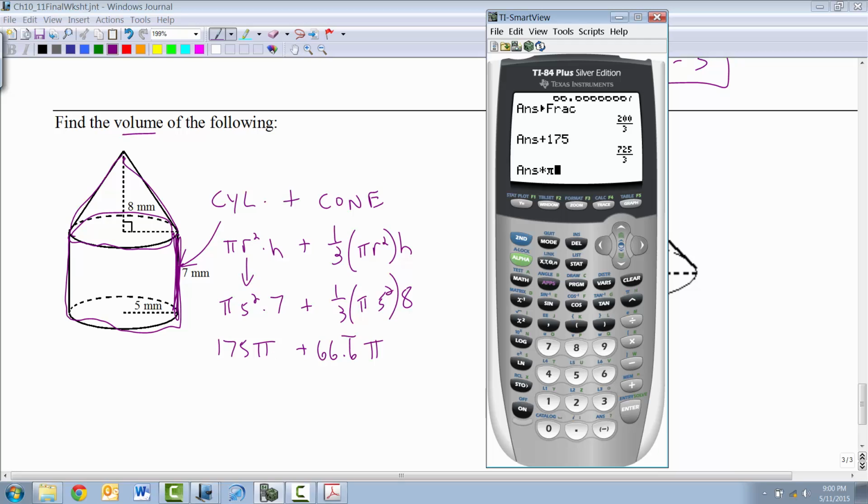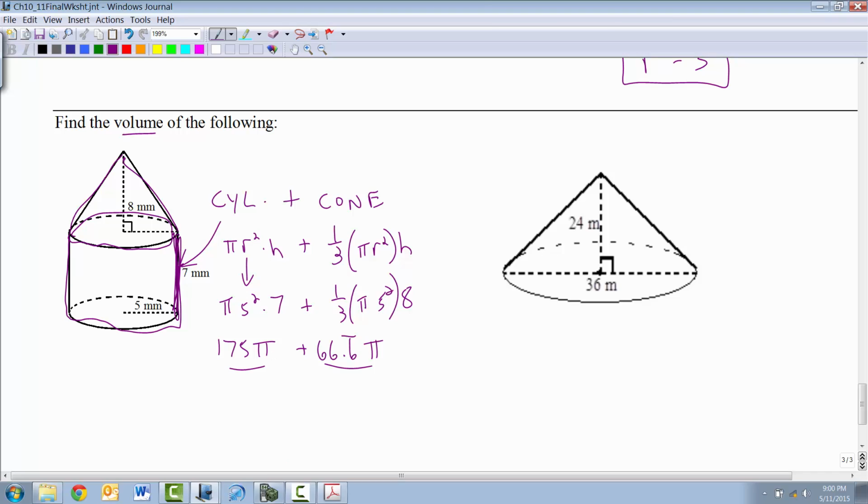So basically all I did was take 175 plus this in fraction form, and the calculator put it in fraction form, but once I hit it by times pi, this turns into an approximate answer. So it gets rid of that fraction. So basically added these two together, and I got 759.2 millimeters cubed. So the reason I like this question is it practiced another cylinder volume with a cone, and then we just got to know how to use that and do it. Okay, we're done.